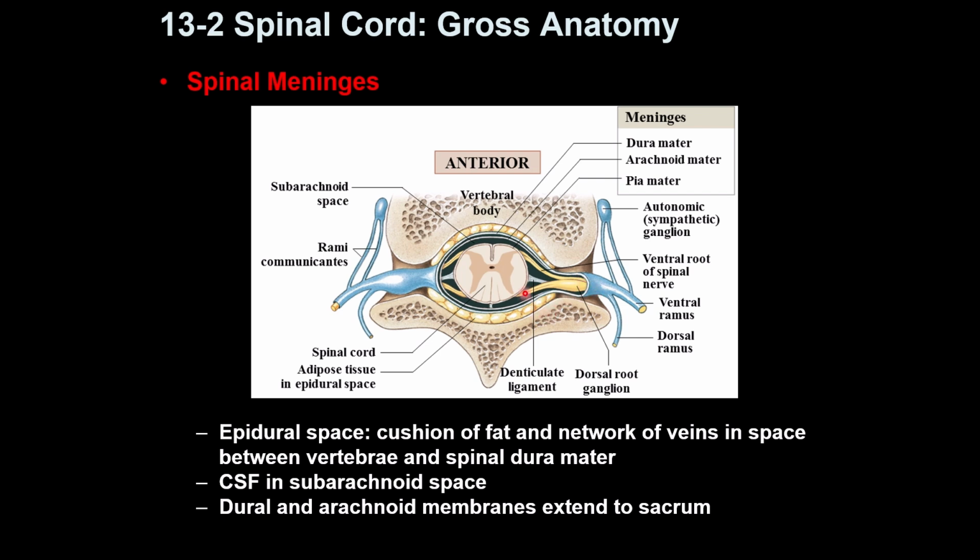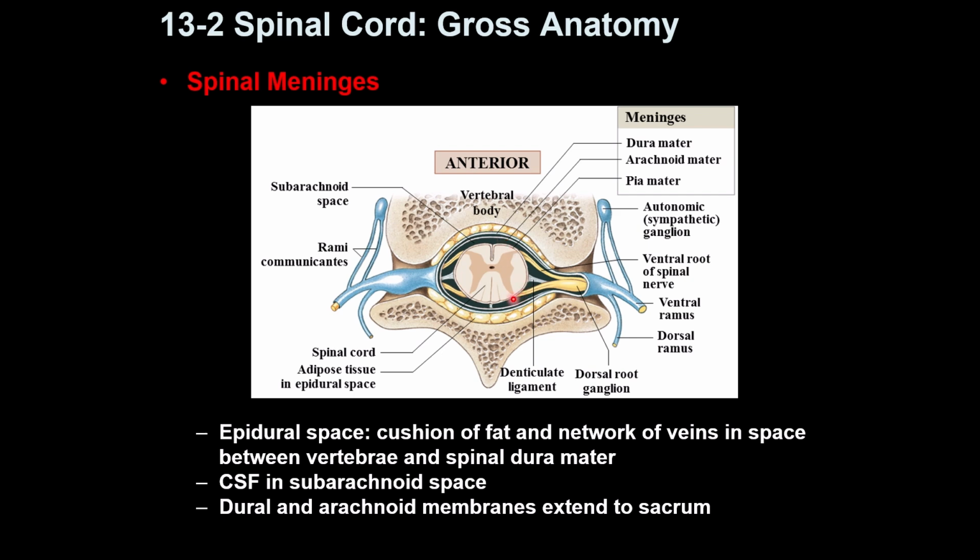The spinal cord is covered by 3 different types of meninges. Meninges are connective tissues. From deep to superficial, we start with this one that is called pia mater, and that is attached to the spinal cord itself. Then you have this one, called arachnoid mater, the middle one, and there is a space here called the subarachnoid space.